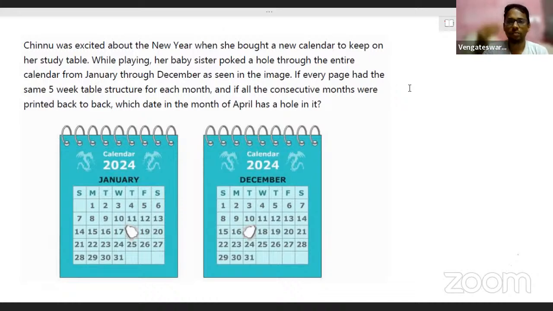And understand the design of the calendar. The months are printed in such a way that you have them back to back. So first page January, behind that you have February. Next page March, behind that April. Then May, behind that June. So in that way you have the structure. If that is so, which date in the April month has a hole in it?